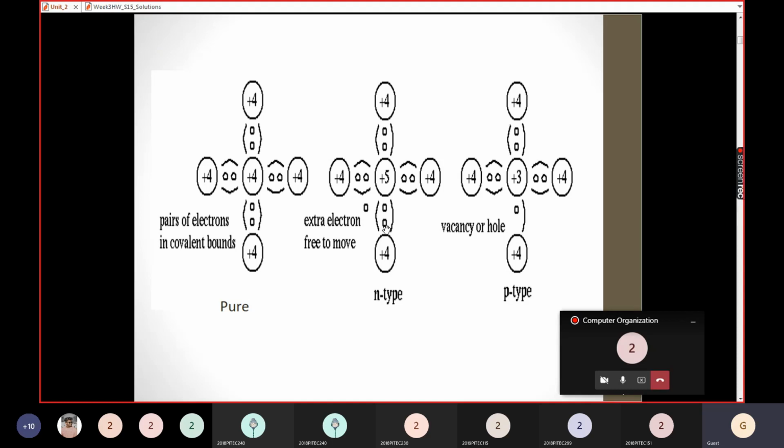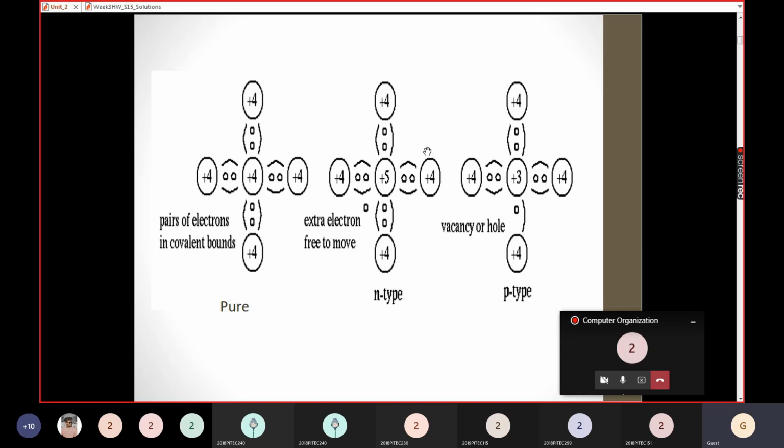You can see the N type and at the same time compare the P type representation also. Here, 4 electrons are present, but you can see only 3 holes are present. Due to the lack of holes, 1 electron remains unbonded with respect to holes.